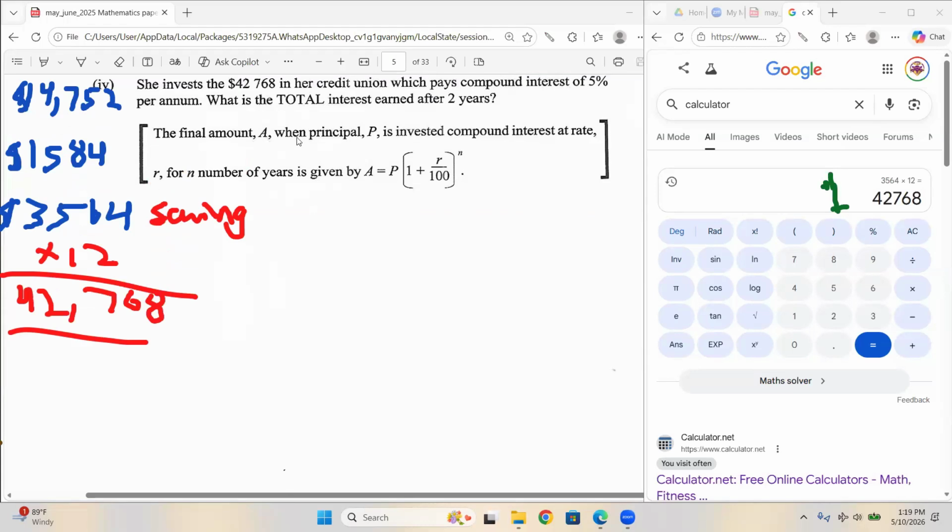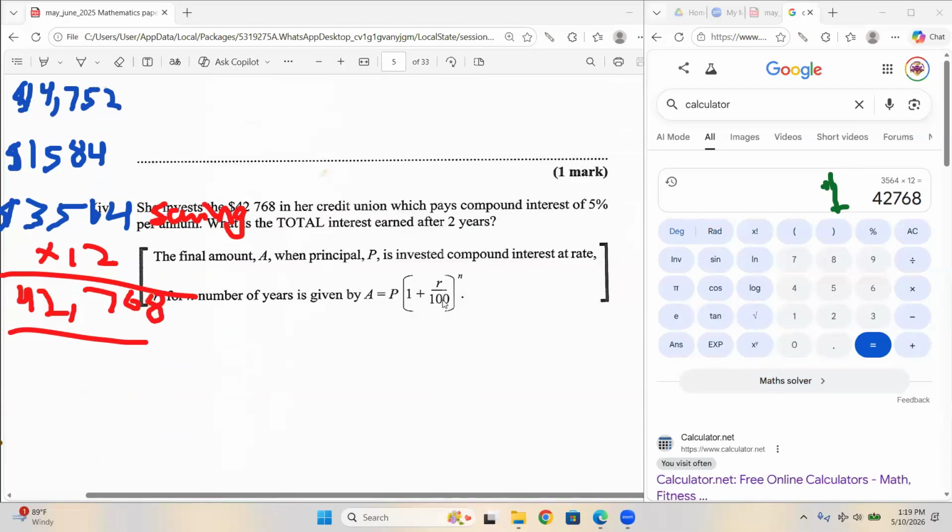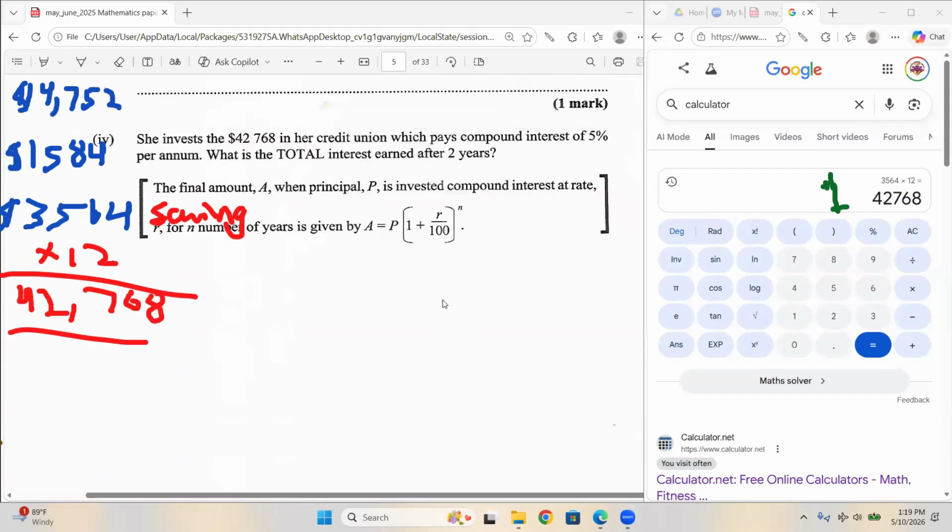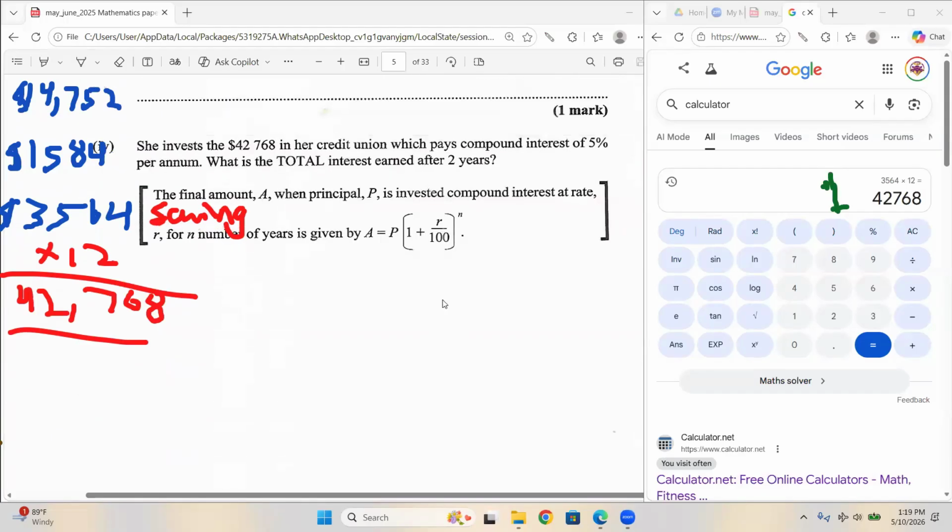the final amount A when principal P is invested at compound interest at rate. So apparently we have to use this formula.